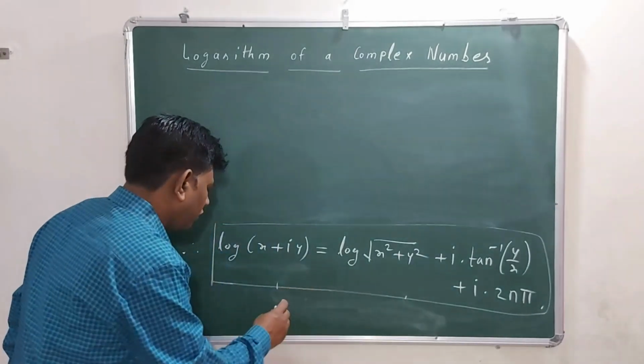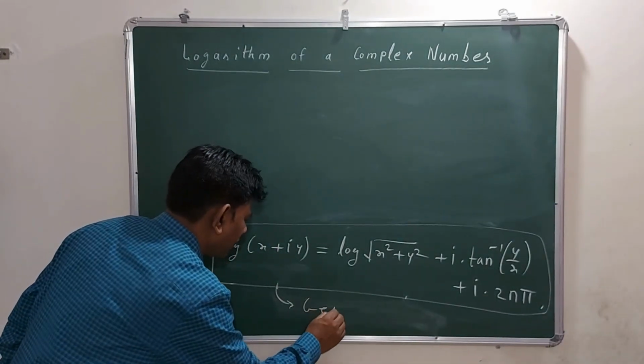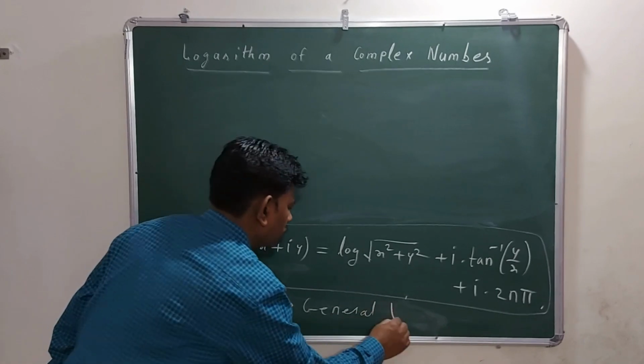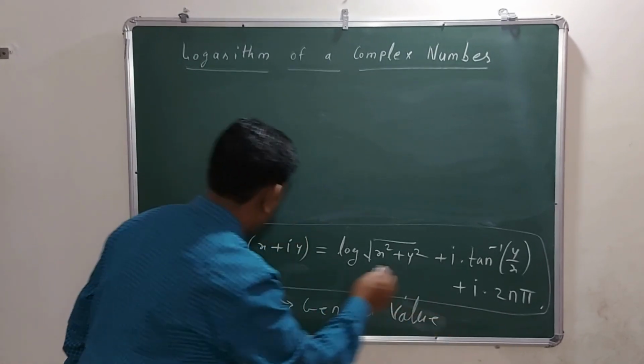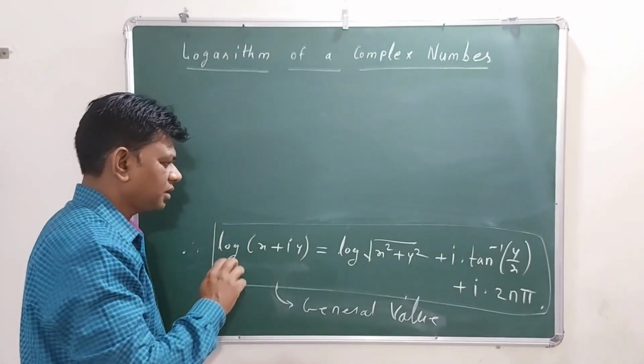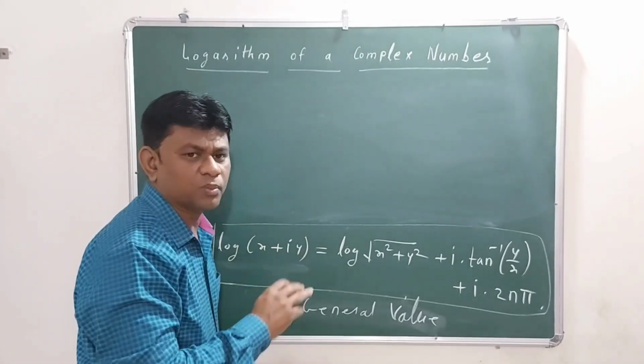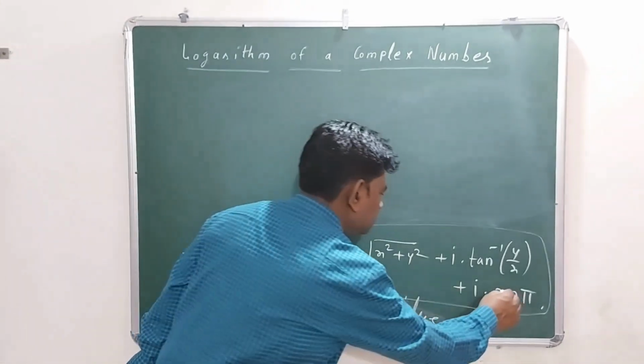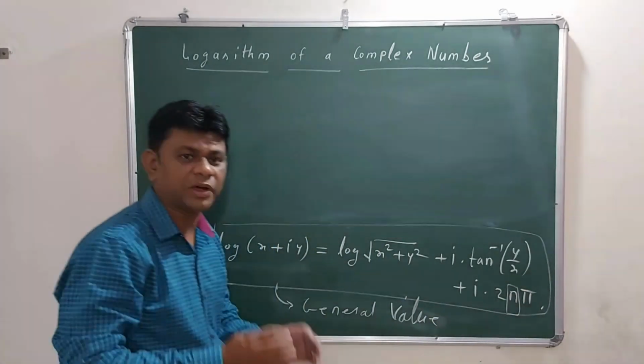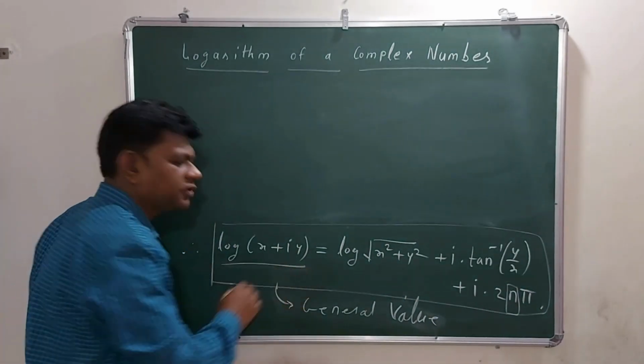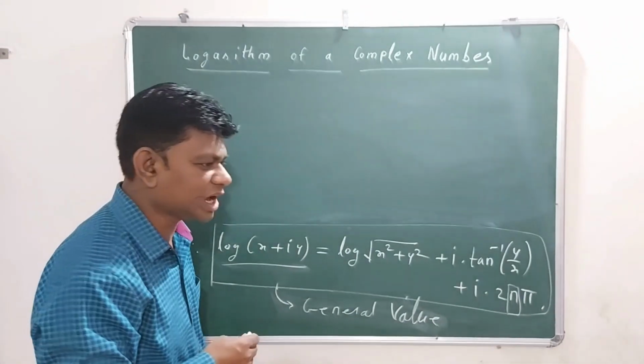Now this is called the general value of log of x plus iy, and this is a multi-valued function because by using different values of n we get different values of log of x plus iy.